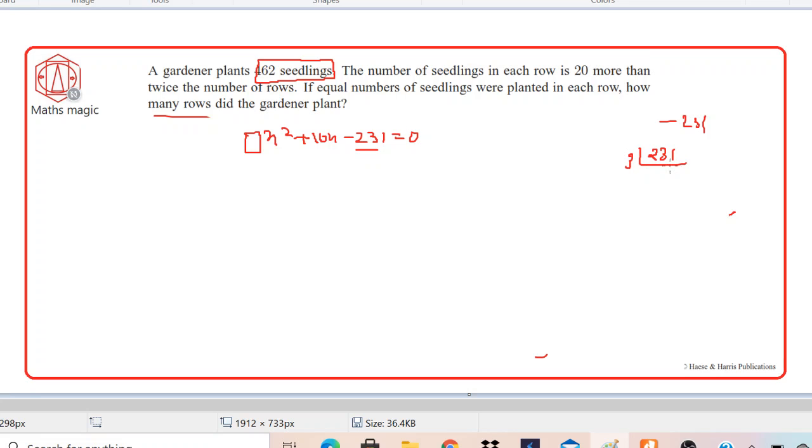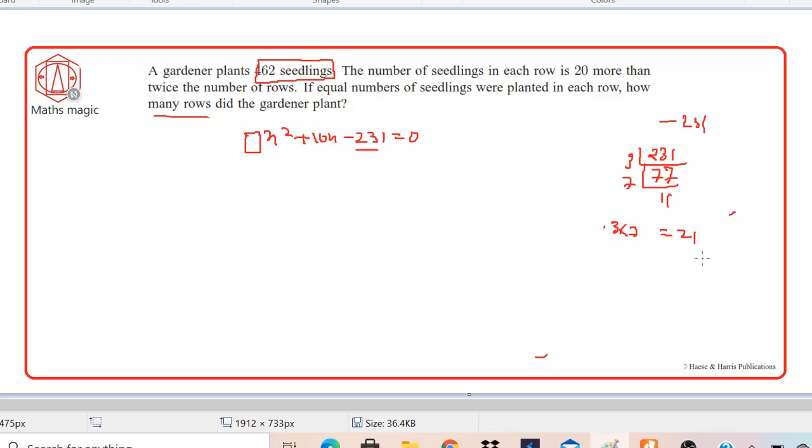So it's 3 times 7, and then we have 7 and 11. We cannot go further, so these are the three important factors which will help us. We can start with 3 times 7 and 11. You can see 3 into 7 is 21, and 11.